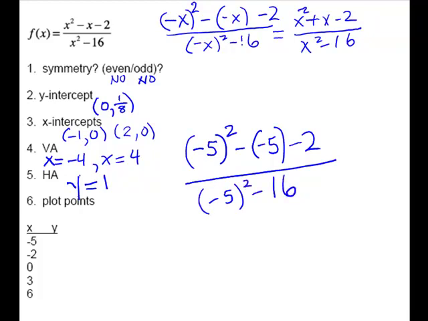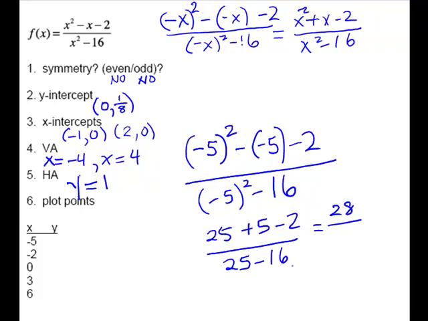So we're just plugging in. All right, this gives us 25 plus 5 minus 2 is 30. Minus 2 is 28 over. Negative 5 squared gives us 25, minus 16 would give us 9.